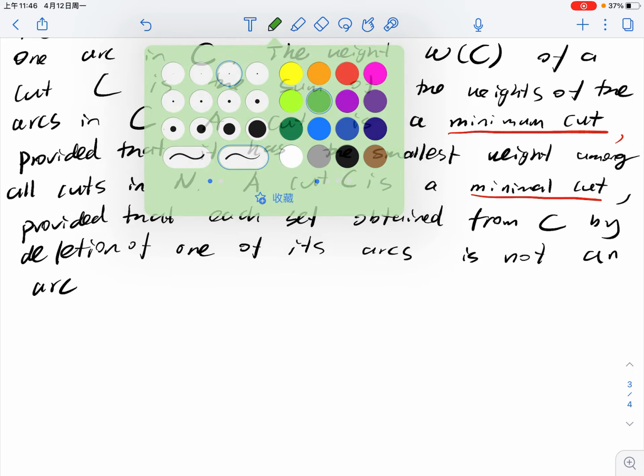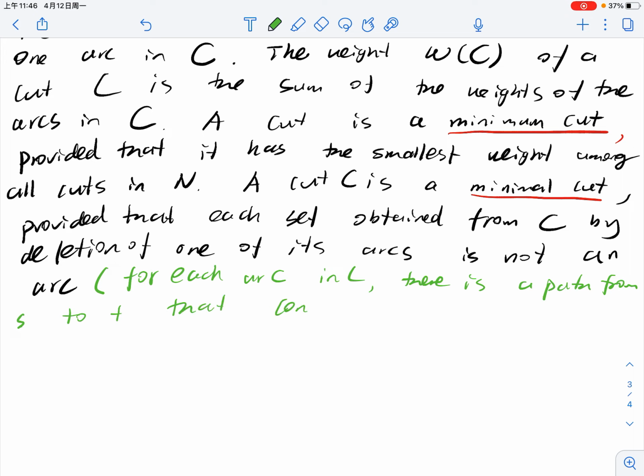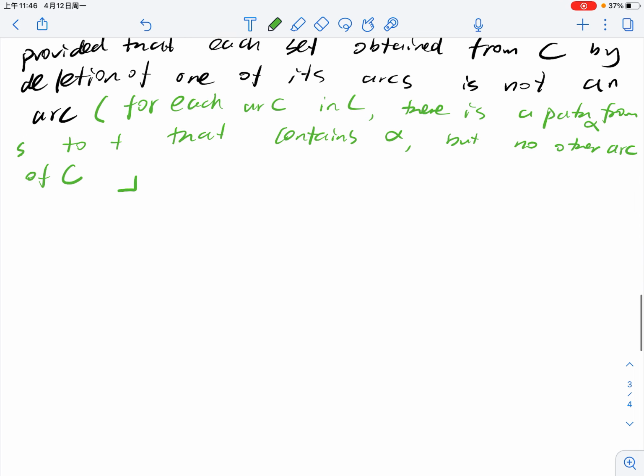So in reality, we will use the following version. Minimum means for each arc in C, there is a path alpha from S to T that contains alpha but no other arc of C. Okay.